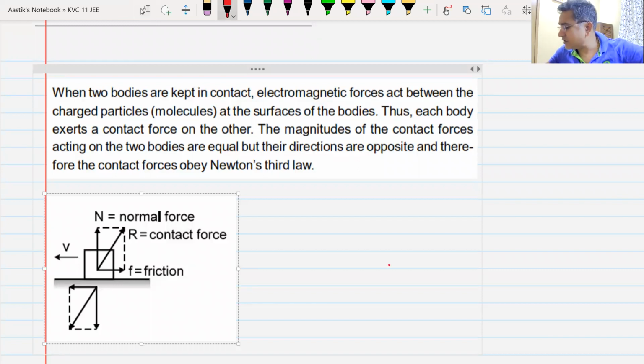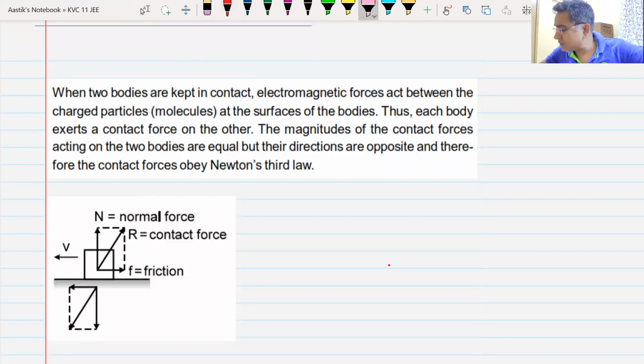they will interact with each other and exert electromagnetic forces on each other because of the interaction between the particles of the two bodies. Those forces are known as contact forces or reaction forces.